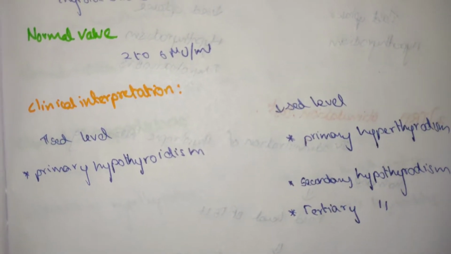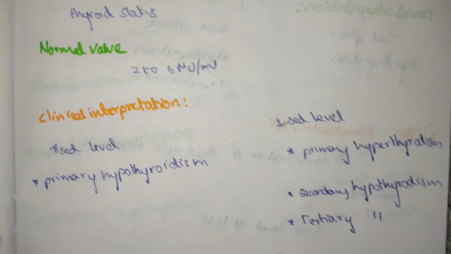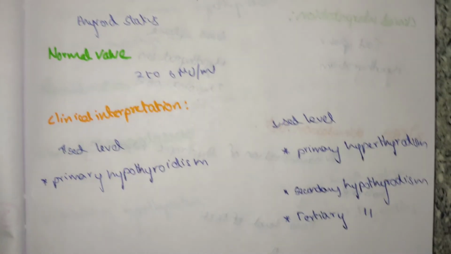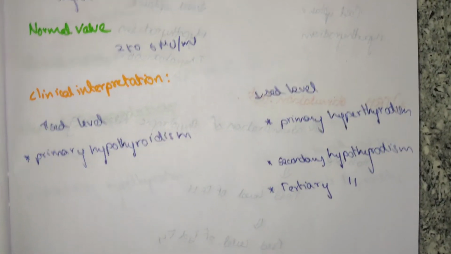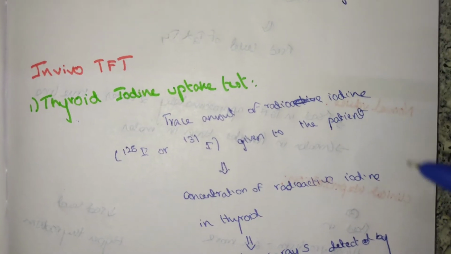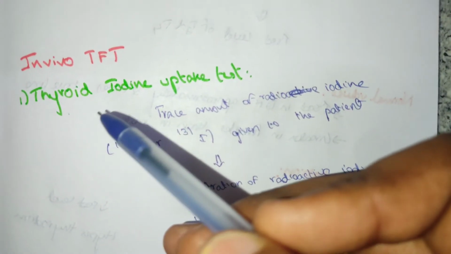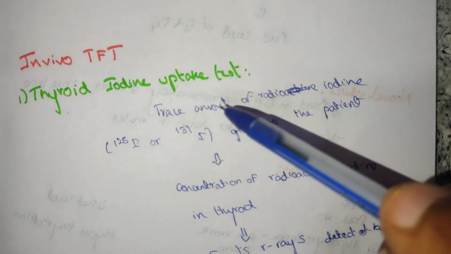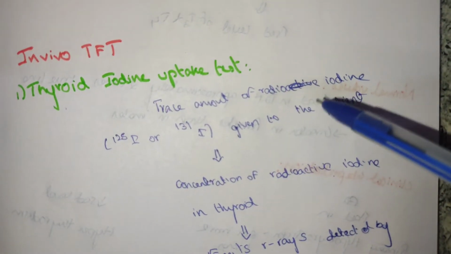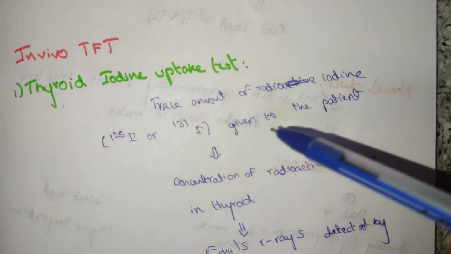Now we will see the in vivo tests of thyroid function. The thyroid iodine uptake: a trace amount of radioactive iodine is given to a patient.